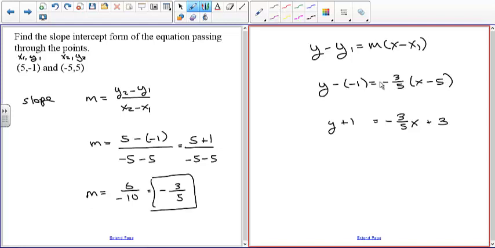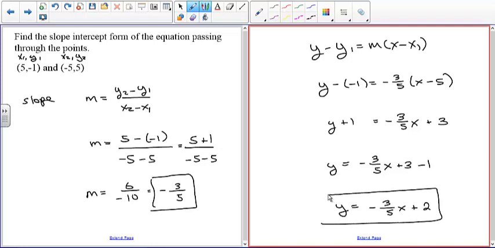These 5's cancel out, the negatives cancel out, just end with 3. Then we subtract 1 from both sides, or the other way we looked at it is you can take the positive 1, move it to the other side, it becomes negative 1. Then you can combine those two like terms, and voila, you're done.